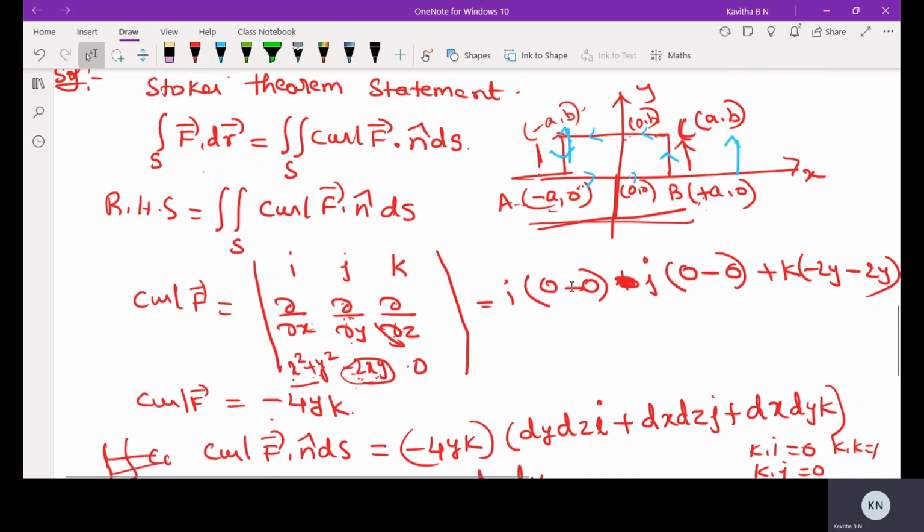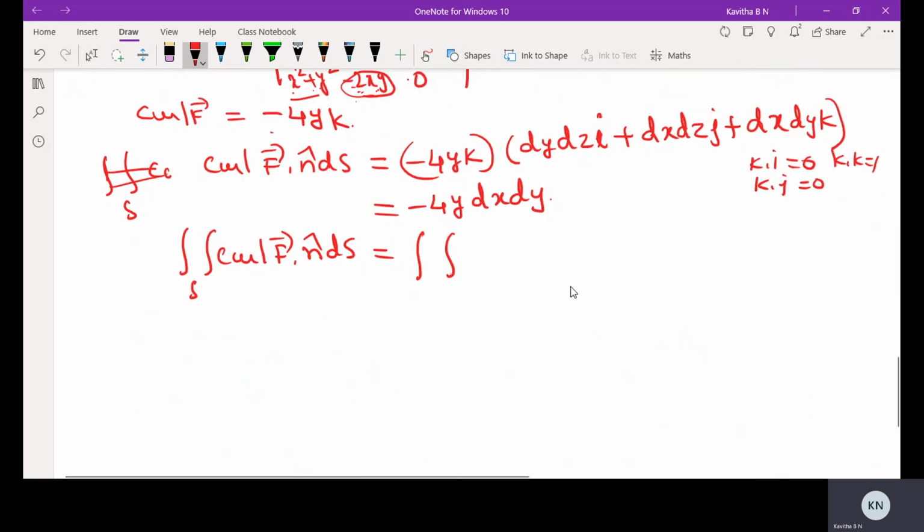Observe the diagram, it will look like this type. Y varies from 0 to b, x varies from minus a to plus a.